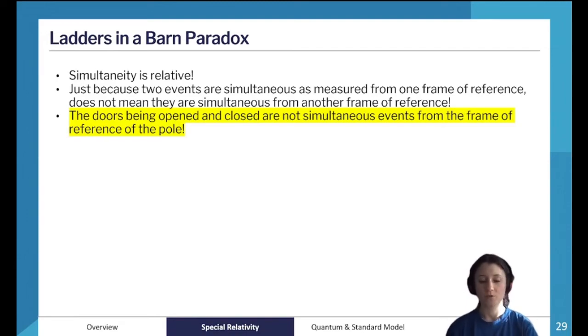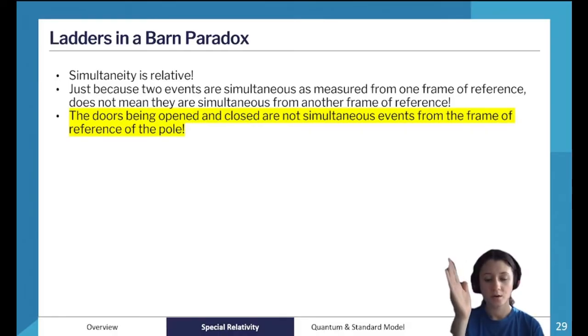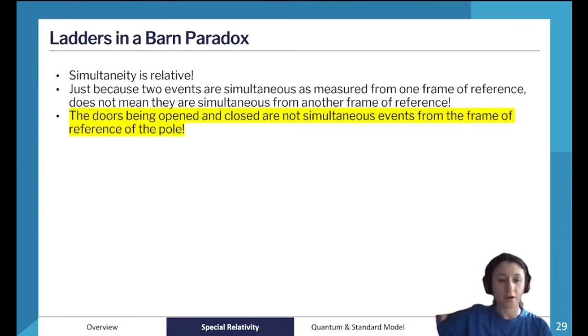Alright? So, when the runner is running with the ladder, what she sees, she's running to the barn, alright? She sees herself run in the back door.